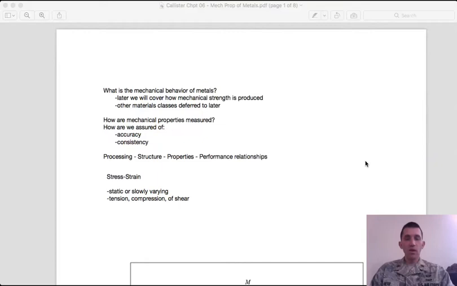The next few lessons will be covering how these mechanical properties are produced. But today, we're going to cover what properties we're talking about, and how they are typically measured. How can we be assured that our measurements are accurate and consistent, and actually measuring a mechanical property of a material as opposed to a property of a particular object?